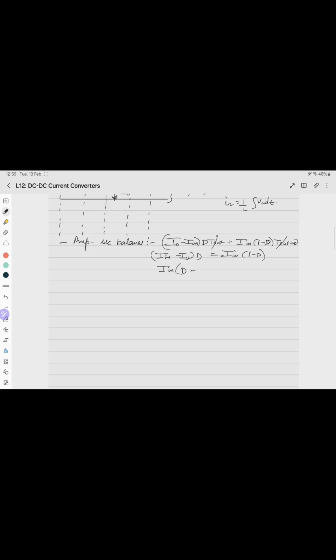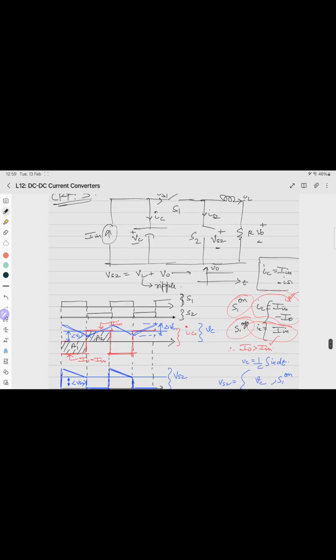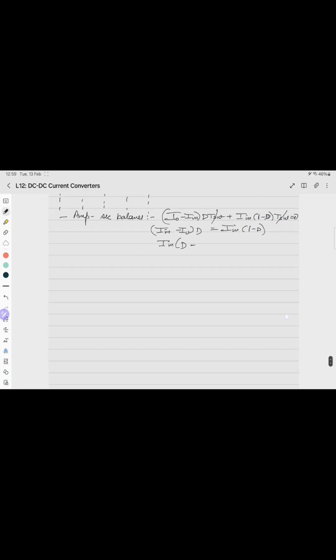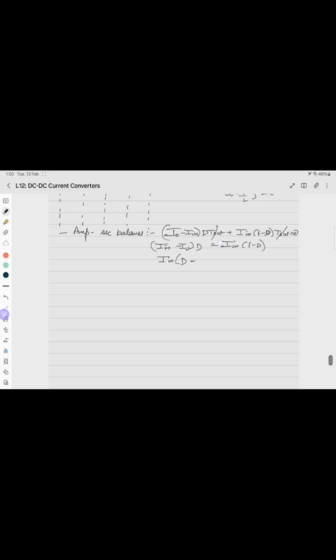So IN minus I0 becomes negative. So if I bring it here, it will be IN D plus IN (1 minus D) equals I0 D. T switching gets cancelled.